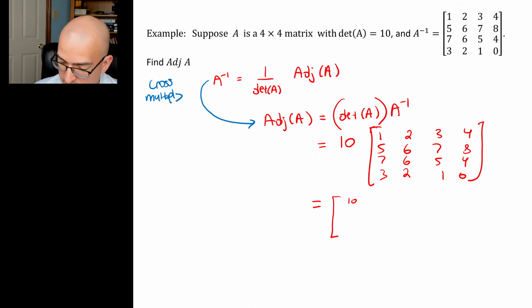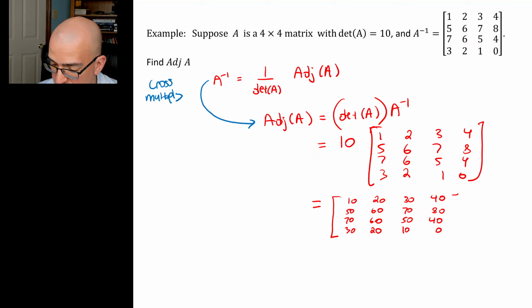So 10, 20, 30, 40, 50, 60, 70, 80, 70, 60, 50, 40, 30, 20, 10, and then 0 times 10 is just 0. That's it. That's all we have to do. So it's a formula problem. You answer it by rearranging the formula.